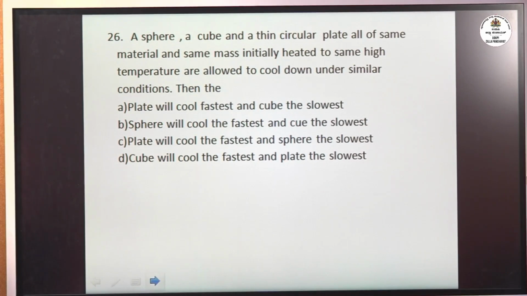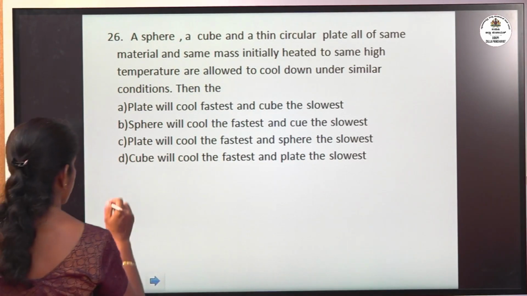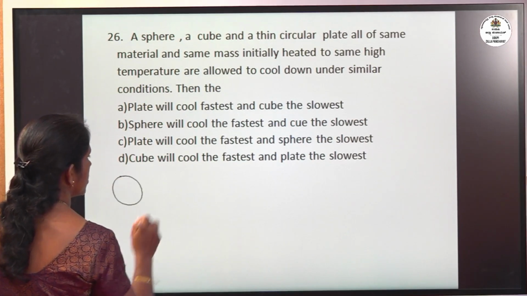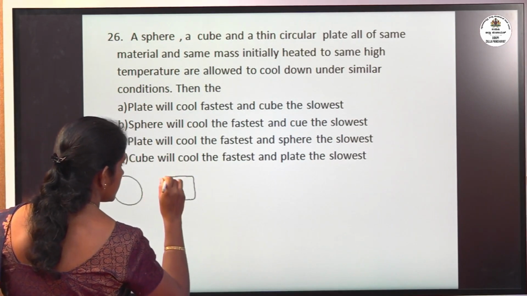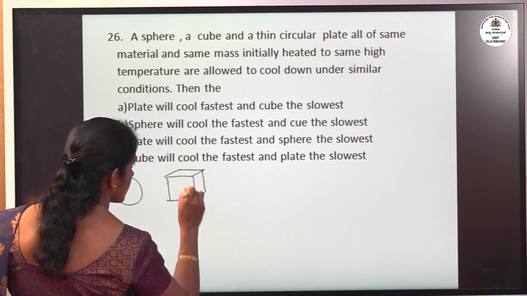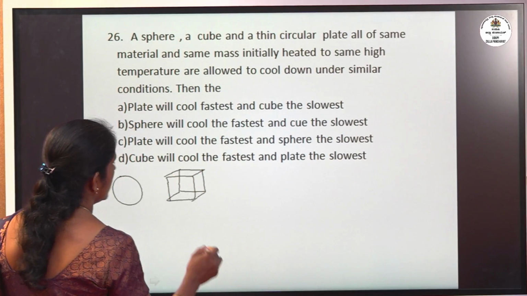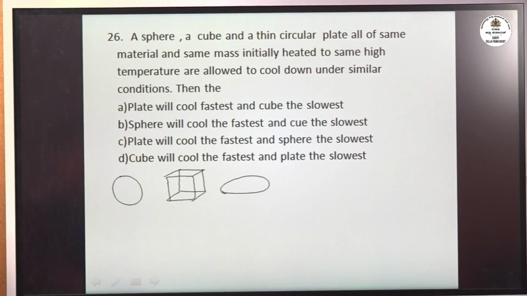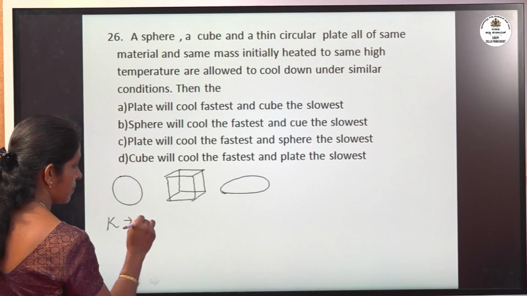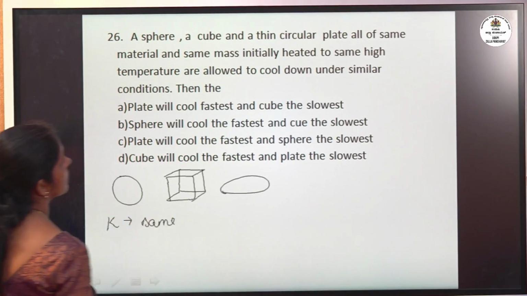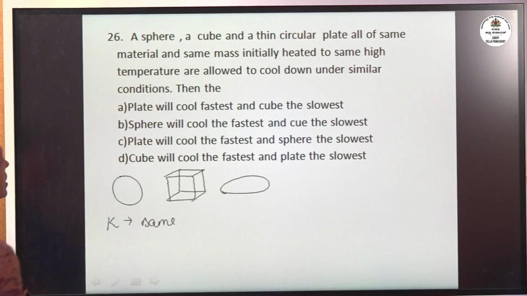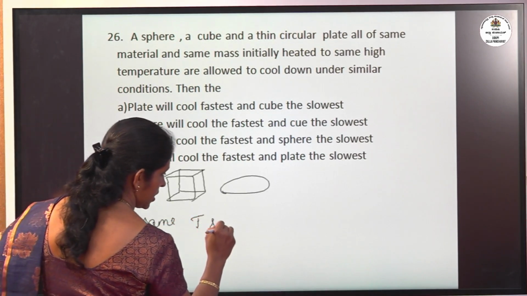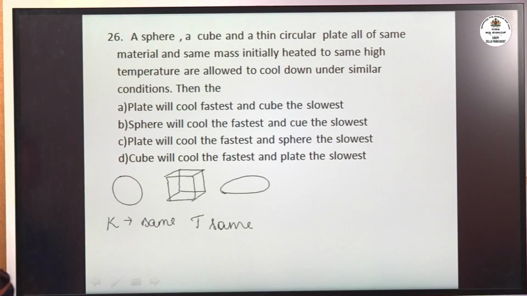A sphere, cube and a thin circular plate are of the same material, so K is the same, heated initially to the same high temperature, and allowed to cool under similar conditions.